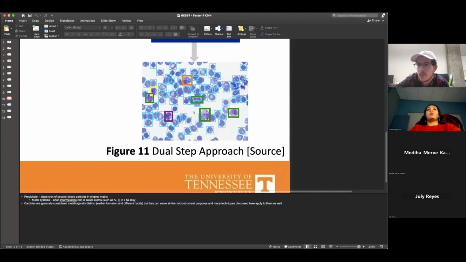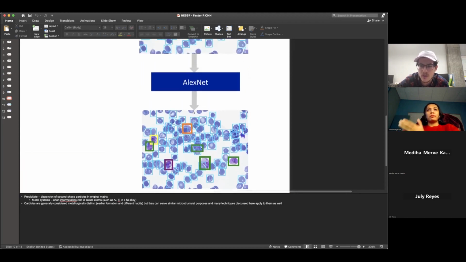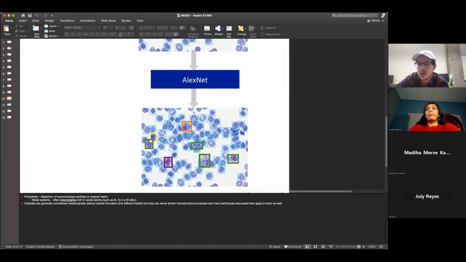Do you understand why they would couple it? Because faster RCNN individually should be able to just classify what are red blood cells and what are not. Yeah, it's a good question. The general answer from the paper is that they only have a limited amount of training data for cells that are not red blood cells.